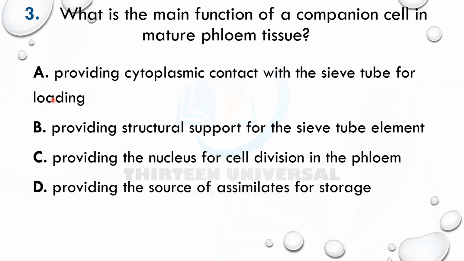It helps with loading of sucrose, the movement of sucrose from the source. The source is where it is made, which is the mesophyll cells. So the companion cell helps in loading because companion cells have the transport proteins required.